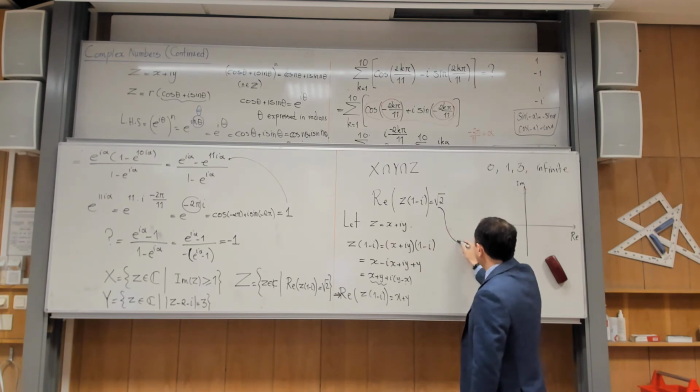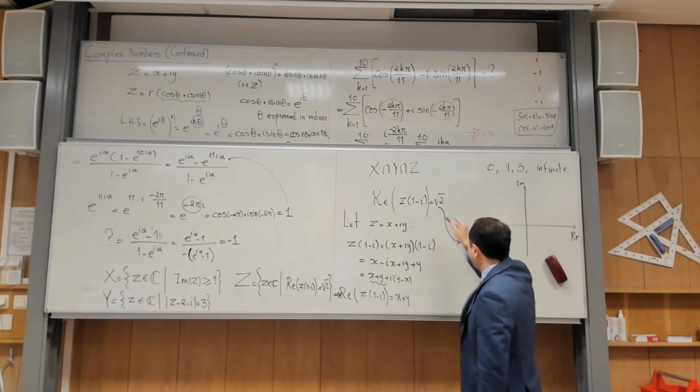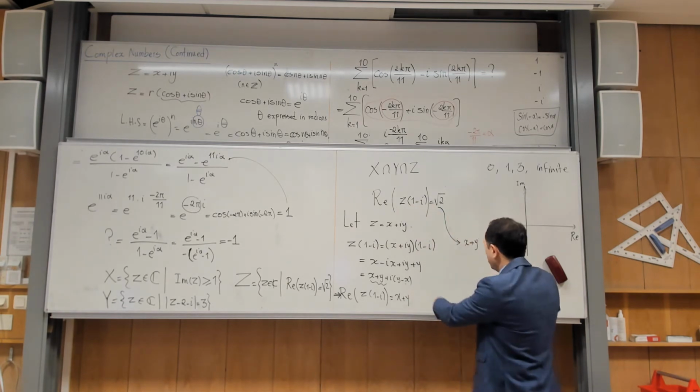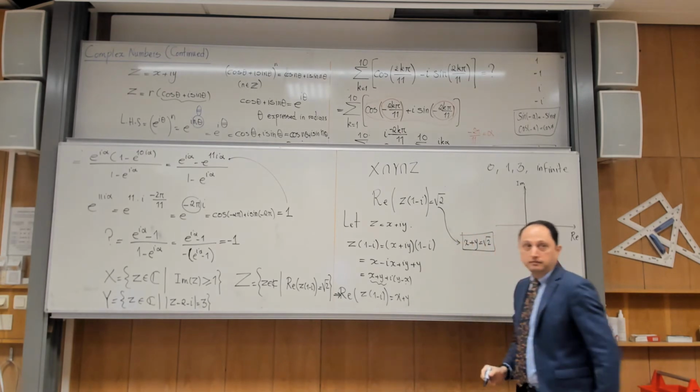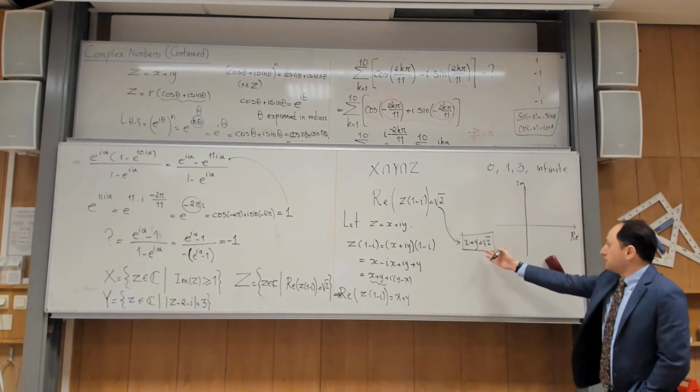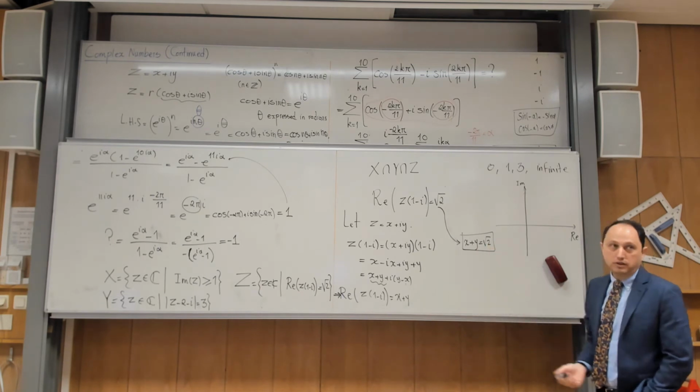So this means that by this calculation, I realize this is nothing except saying that x plus y is square root of 2. Yes, but what type of figure is represented by this equation?